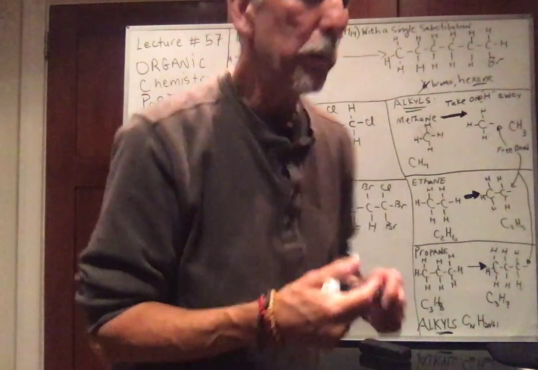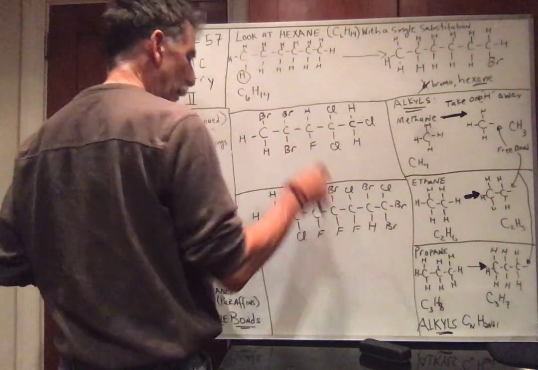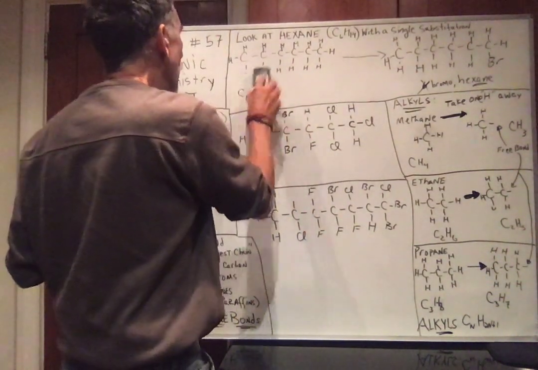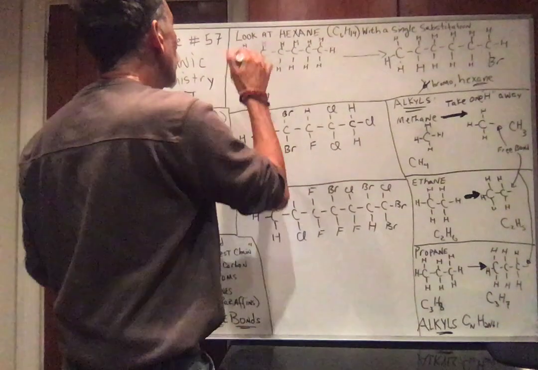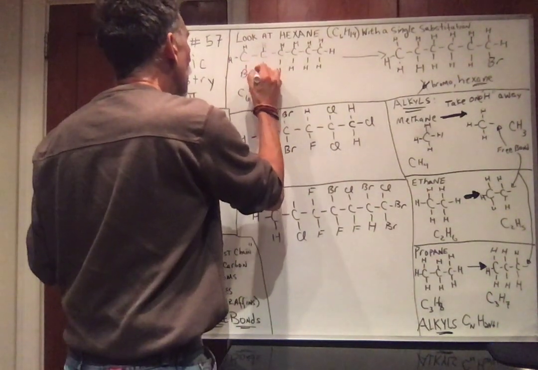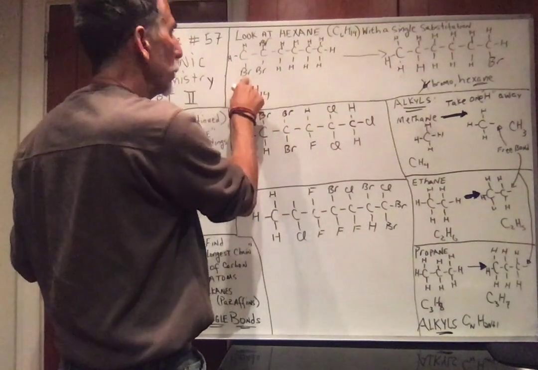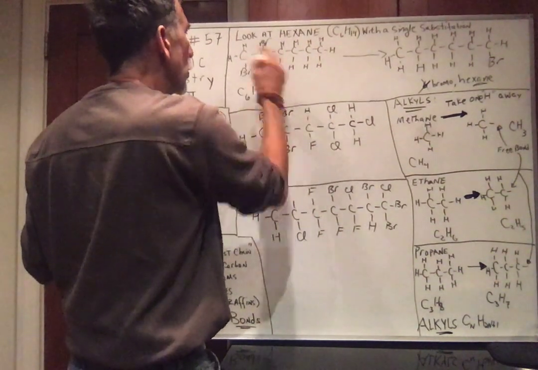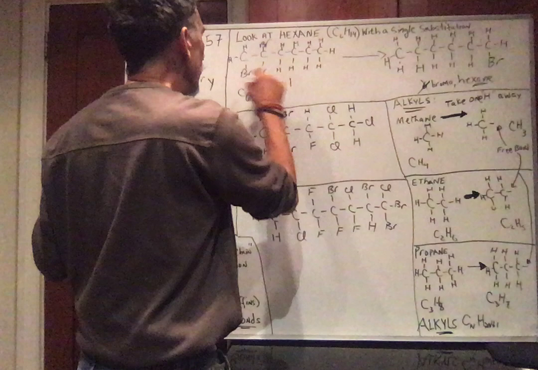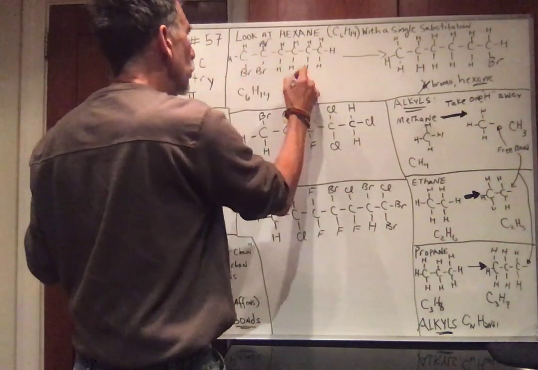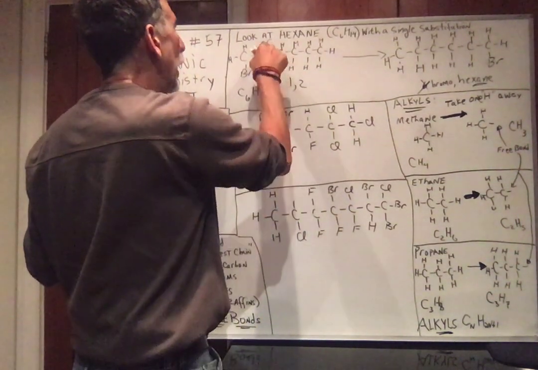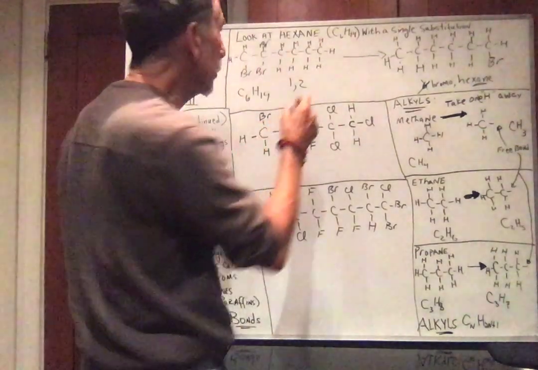Let me just show you what I mean real quick. Suppose here I had a bromine, and a bromine. Well, where are the bromines? They're on this side, right? So I'd call this 1, because it's on carbon 1, and there's another one on carbon 2. Does everybody see that?